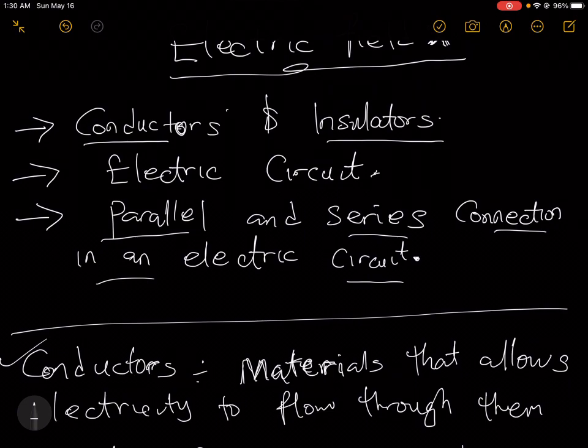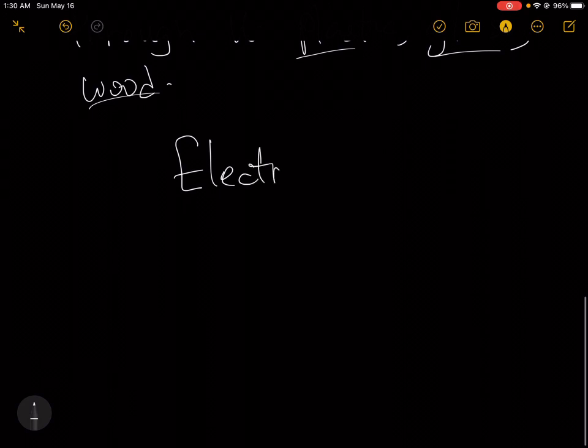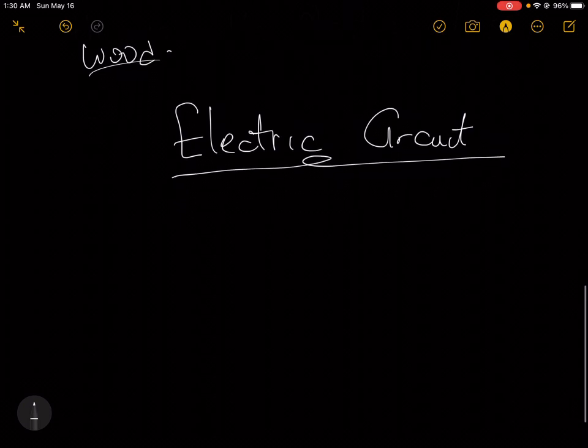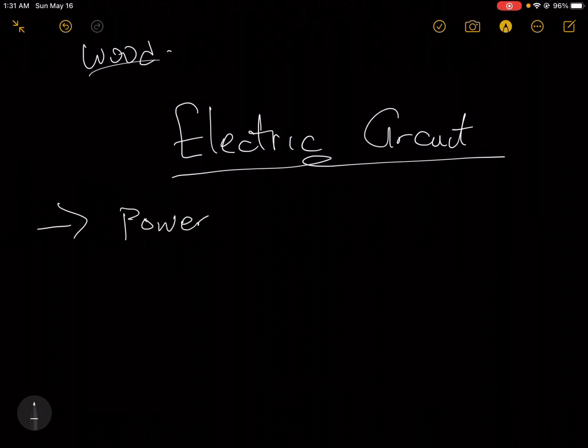Now I'm going to go to electric circuit. An electric circuit, how will I explain, is a complete set, or a basic form of how to introduce an electric design. I'll put it that way. In an electric circuit, we have a power supply.